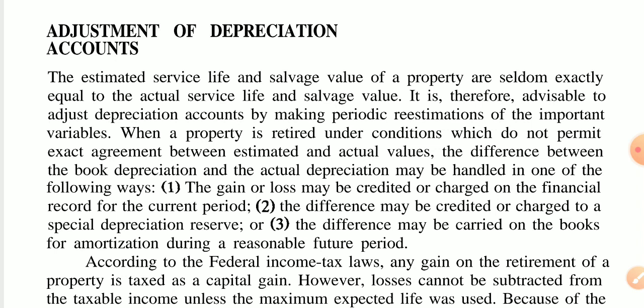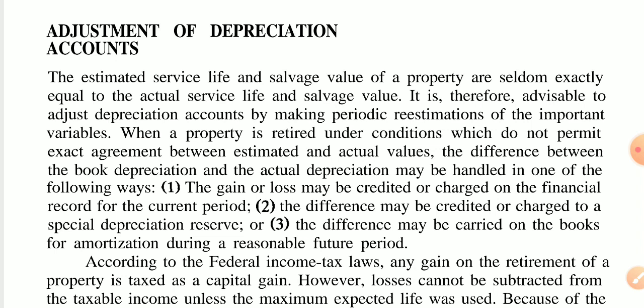The important variables arise when a property is retired under conditions which do not permit exact agreement between the estimated and actual values. The differences between the book depreciation and the actual depreciation may be handled in one of the following ways.